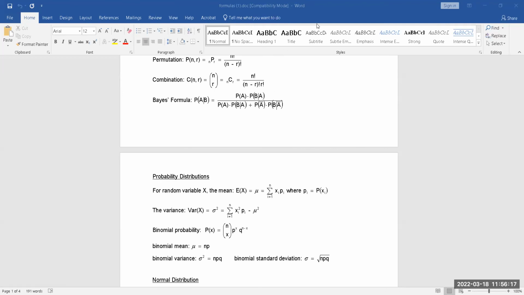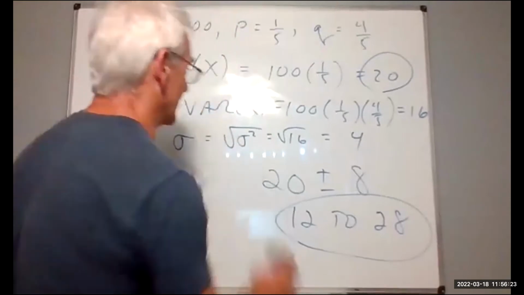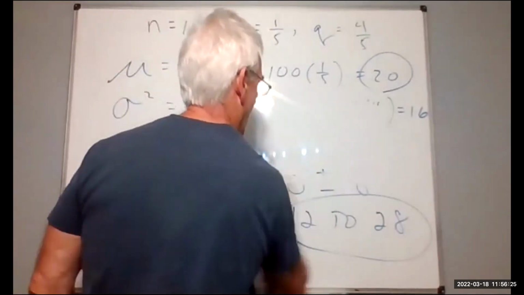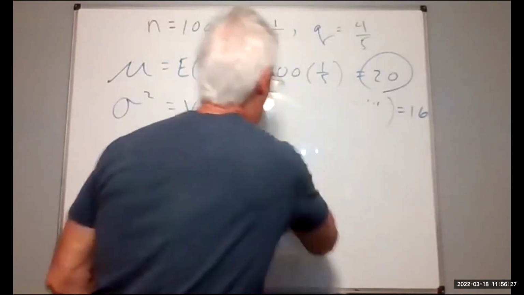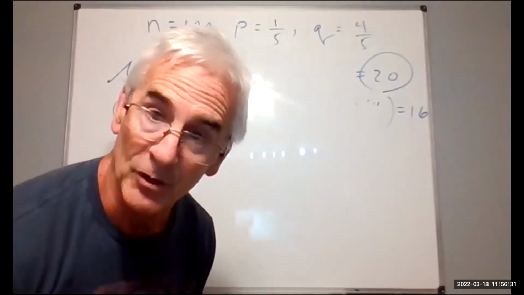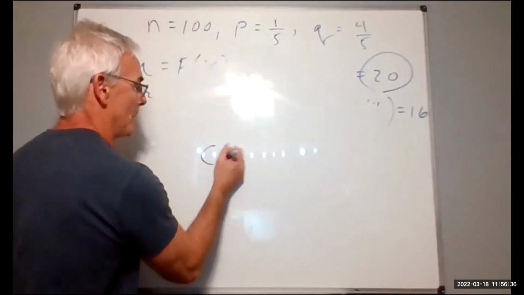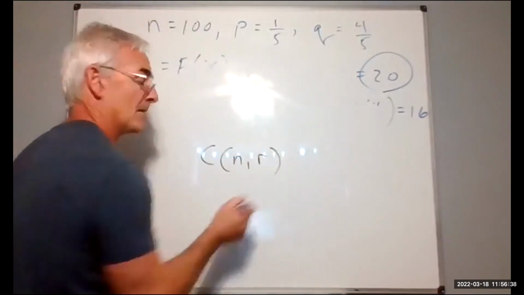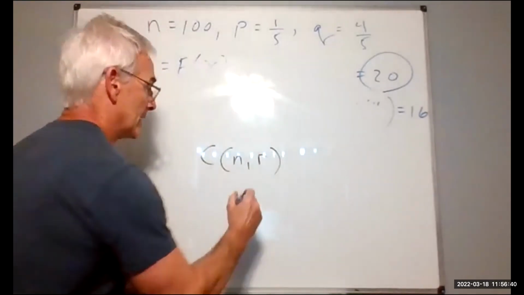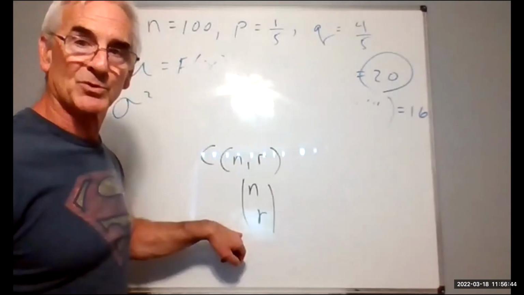So I want to show you something from the notation standpoint. Everything up there is exactly correct. We have been using a simpler notation for combination. The universal combination notation, which some of you may very well have seen in another class, when we say combination n choose r, that's the way we've been writing it. It's also correct to write it this way. This is the way most of the textbooks will write it.